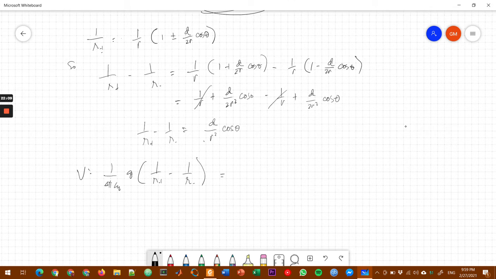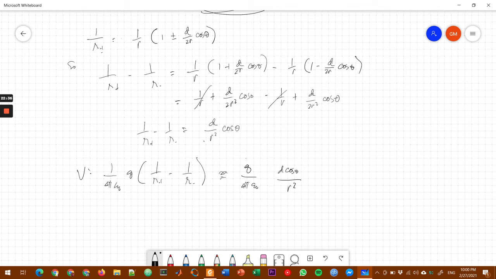This is approximate, because we did the approximation considering that R is much greater than d. So we have Q over 4 pi epsilon naught, d cosine theta over R squared.